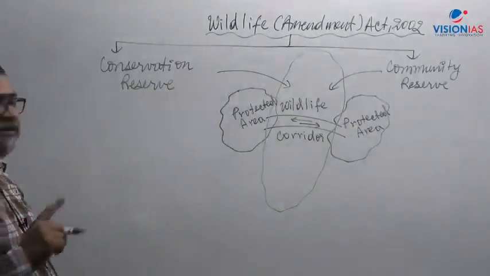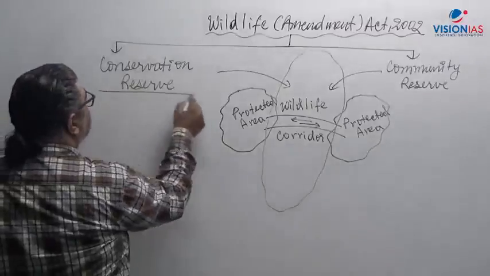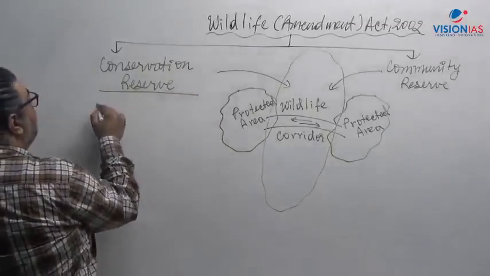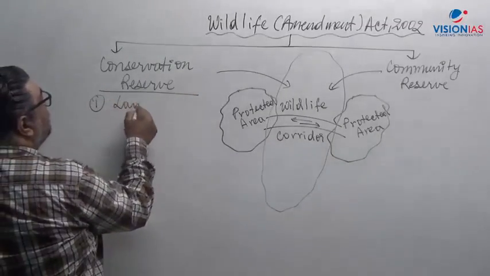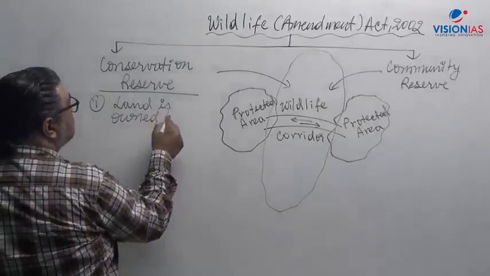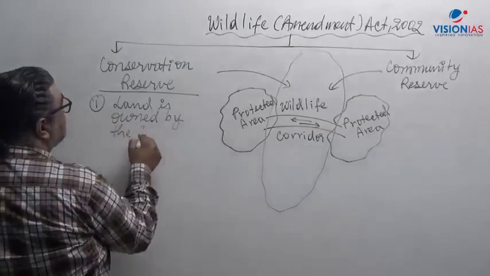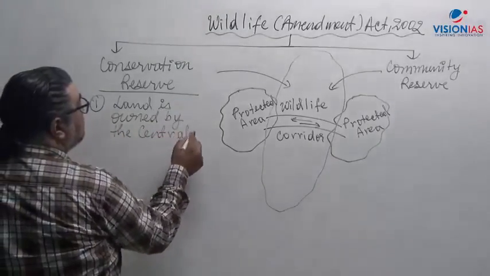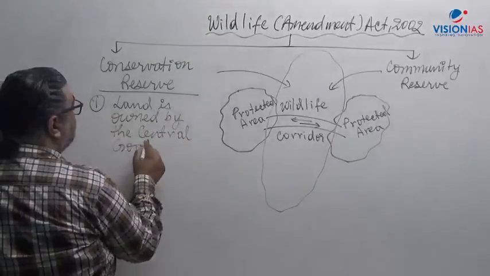based on a condition. What is the condition here? Conservation reserve is where the land is owned by the central government. It is central government land, which the state government has given to the central government.